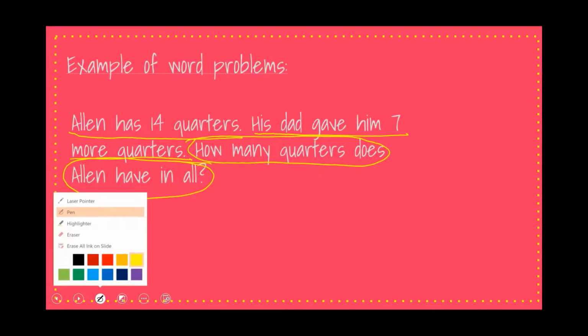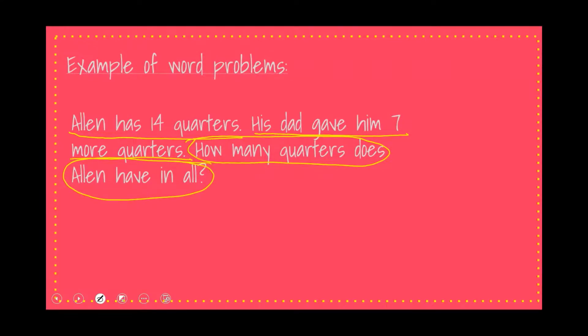Now, did this person use two numbers in their word problem? Yes, they did. They used 14 and they used 7. Did they use keywords? And the keywords, if we've noticed, have been used in the question, right? So did they use keywords?